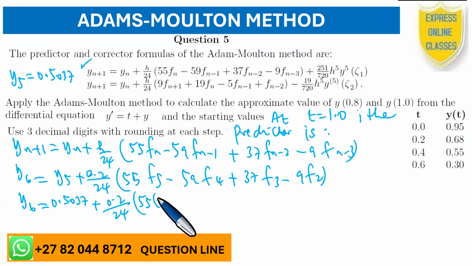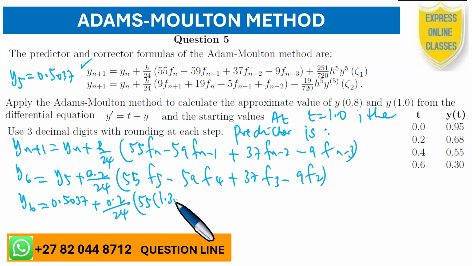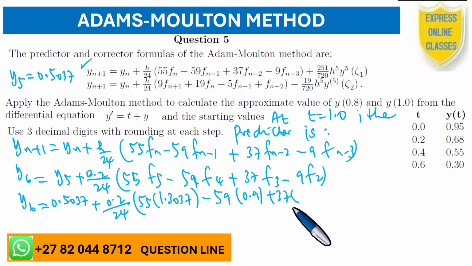We got that before, and the F5 became exactly 1.3037, the F5 that corresponded with the corrector, 1.3037, minus 59 F4, which becomes 0.9. And then we have 37 F3, which we got in the table, 0.95.